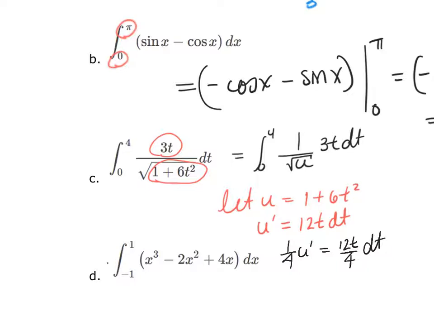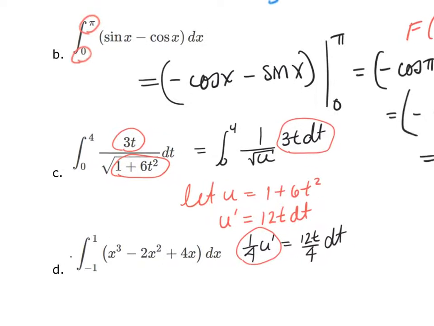Okay. So now we have a replacement. This gets replaced with this. Is it u prime under the radical, or just the u? Just the u. Okay. So now I have a replacement.